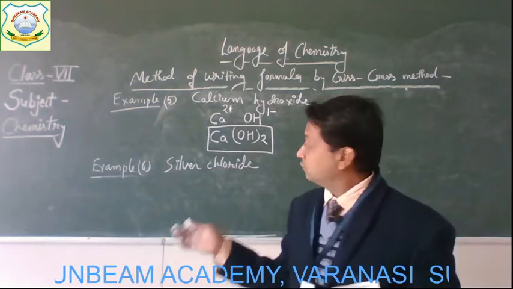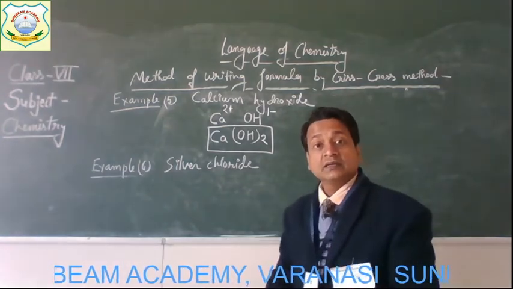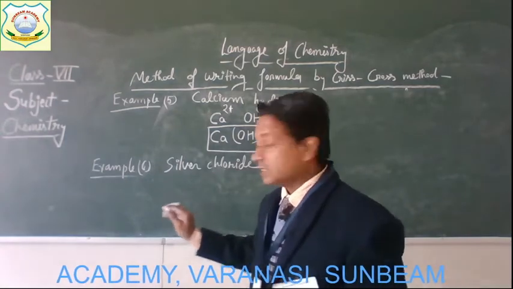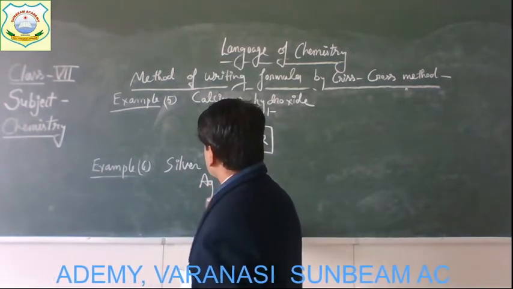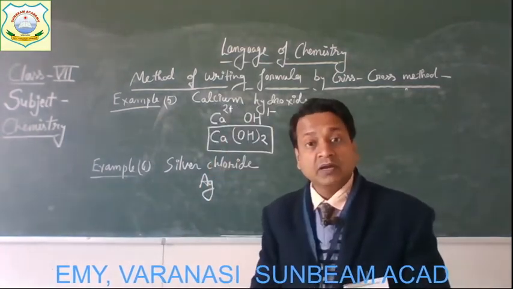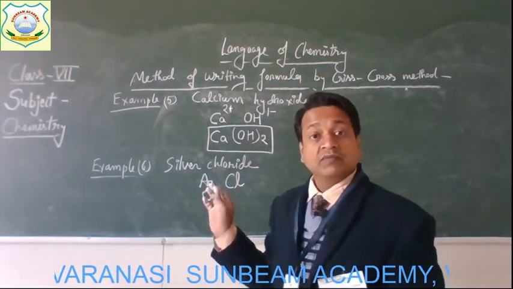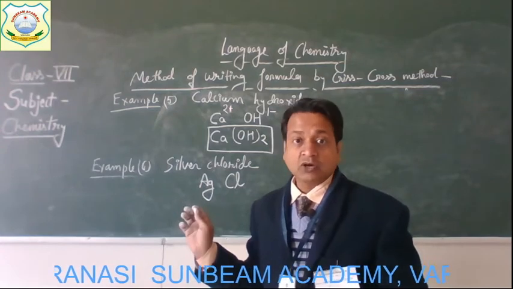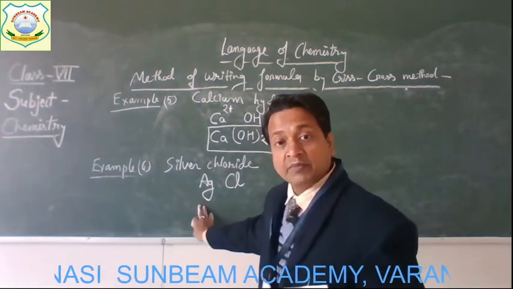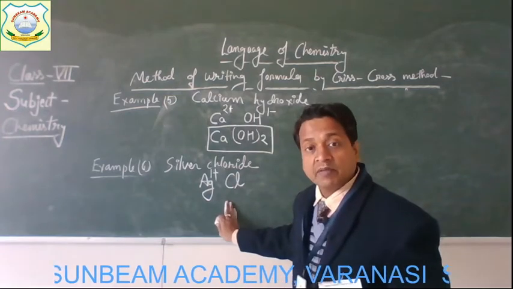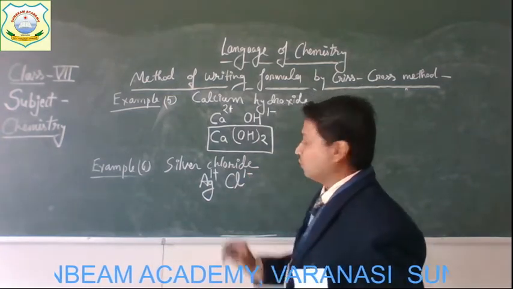First we will write the symbols. The symbol of silver is Ag and the symbol of chloride is Cl. Now we will write the valencies at the top. Silver has the valency +1 and chloride has the valency -1.